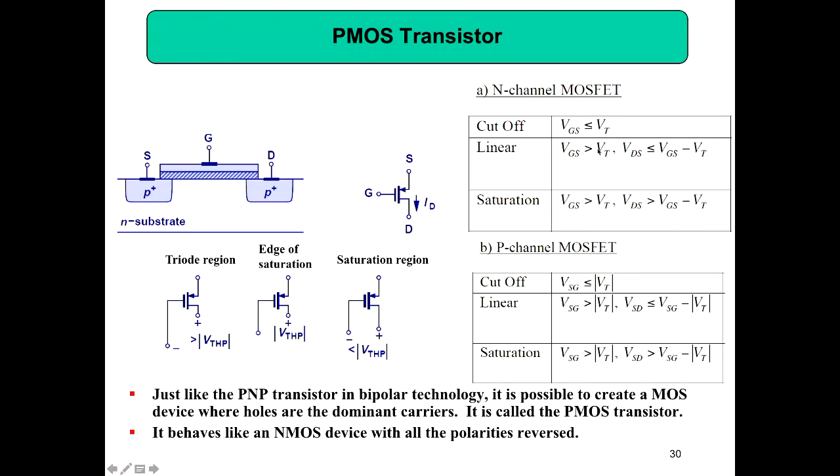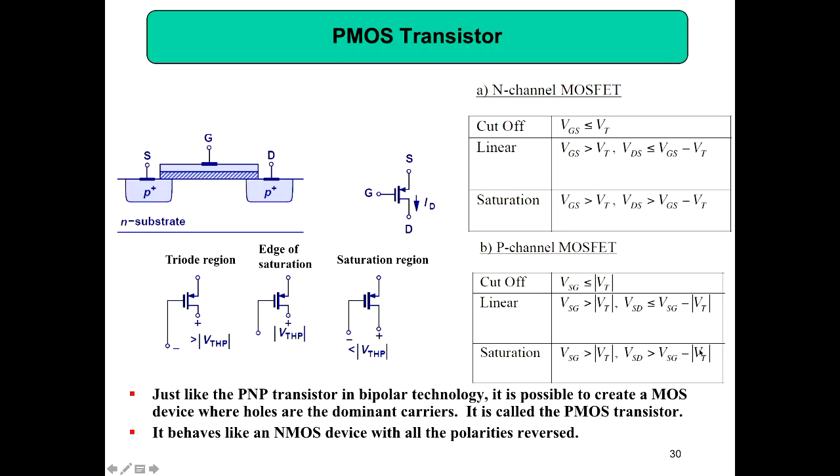So the only difference is that this will be inverted, like GS will become SG. In the case of BJT also we know that VBE, and then for PNP it is VEB. Same way, saturation, VSG greater than modulus of this value and then VSD should be greater than VSG minus modulus of VT.